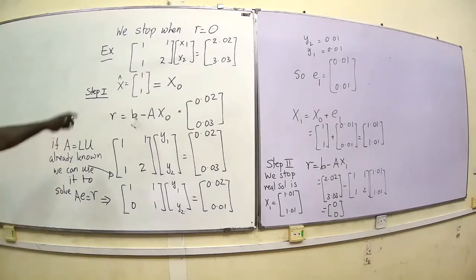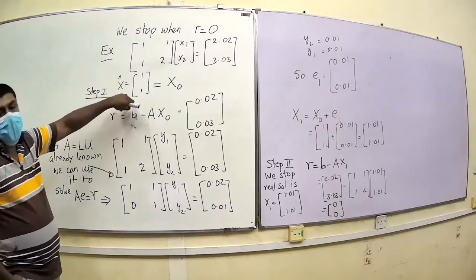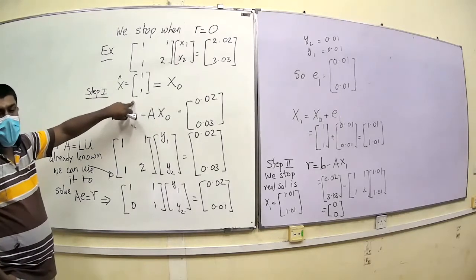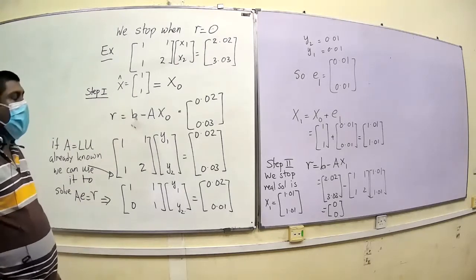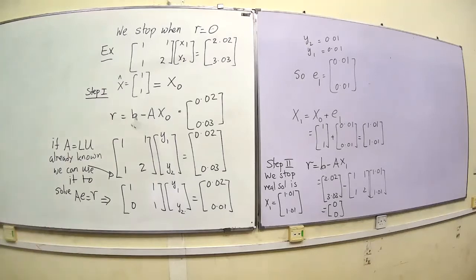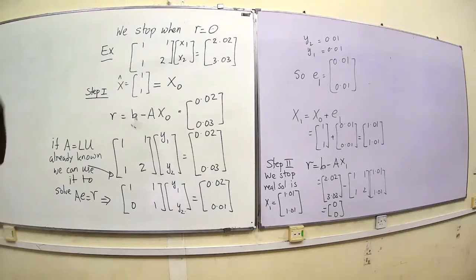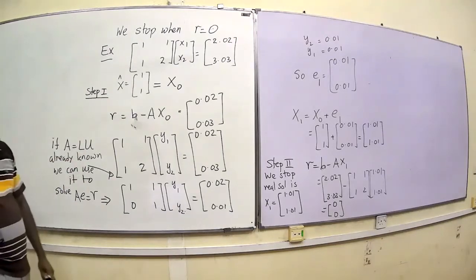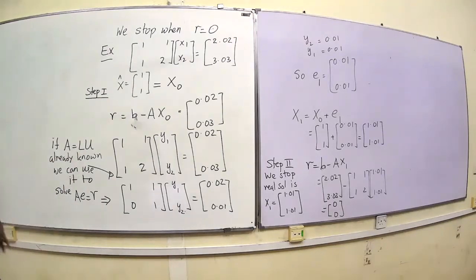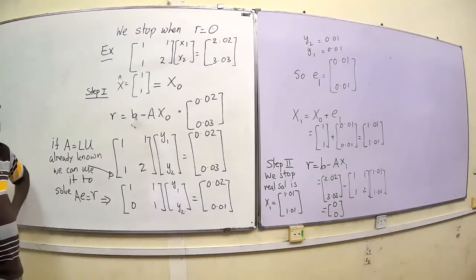But unfortunately, here the error is not a real number; it is a vector. Because if you have a 2 cross 2 matrix, your x is a vector with 2 components. If you have a 3 cross 3 matrix, your error or solution is a vector with 3 components. 4 cross 4 matrix, vector with 4 components. So this is the problem. So you have vectors, so you cannot use absolute value directly.